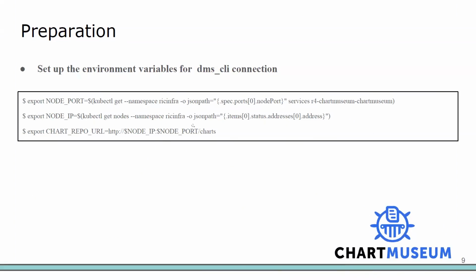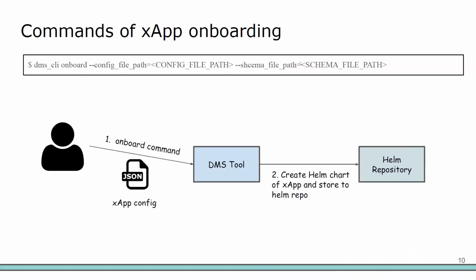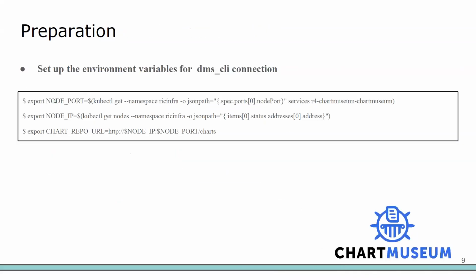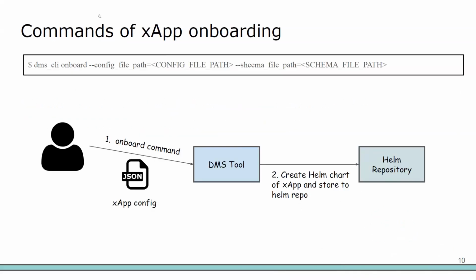So we need to connect to the container and run this command. Next, you can use the onboard command with the DMS tool, and the DMS tool creates the Helm chart and stores it to ChartMuseum.